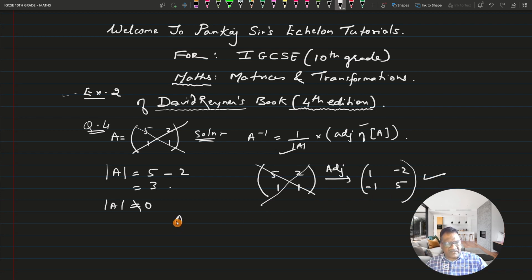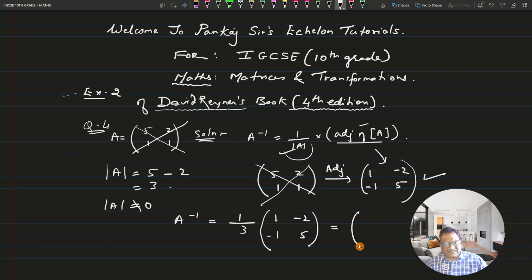To find A inverse, use the formula: A inverse is equal to 1 upon determinant of A, that is 3, times the adjoint of A, which is the matrix [1, -2; -1, 5]. I can leave my answer this way, or I can do the scalar multiplication, multiplying the scalar 1 by 3 with each element of the matrix.